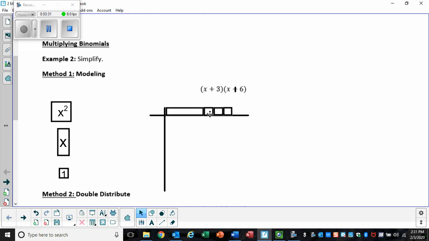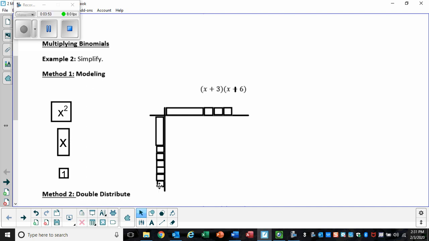Okay? Then for the x plus 6, and I know that's not a plus on your paper, just change it to a plus sign. Because I have 1 x here, I'm going to do 1 rectangle, and I just do it right there. And I have 6 here, so I'm going to do 6 ones. So 1, 2, 3, 4, 5, 6.